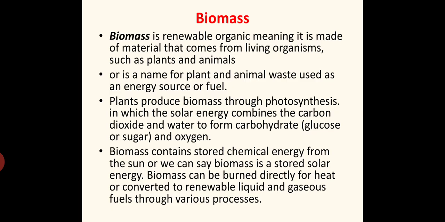Biomass can be burned directly for heat or converted to renewable liquid and gaseous fuels. So biomass can be used to produce energy by directly burning it, but of course if we are directly burning, there will be a lot of energy losses.